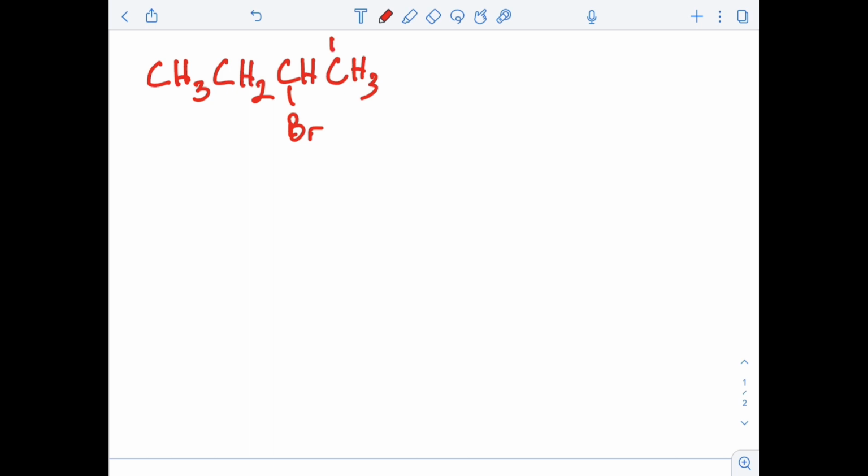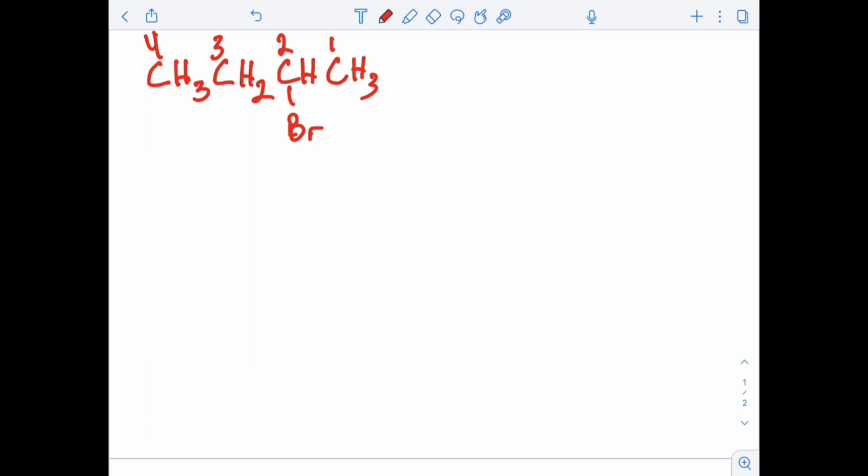And in this case, it is quite simple from right to left. You would not start naming over here because this bromide is closest to this carbon. So that would be incorrect. So start naming from right to left.